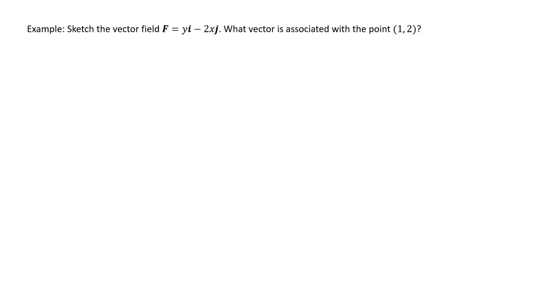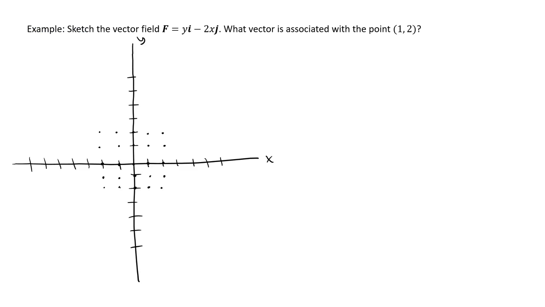The idea here is that a vector can be assigned to every single point in the plane using the definition in this equation. So the x component of that vector is always the y coordinate, and the y component of that vector is -2 times the x coordinate.